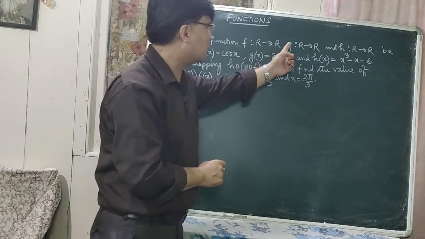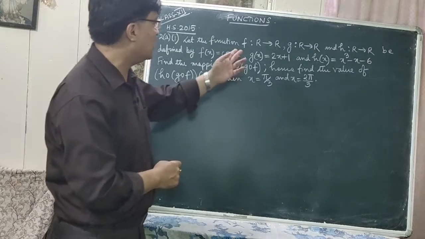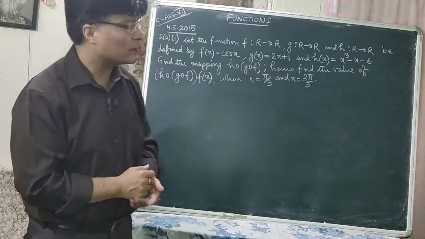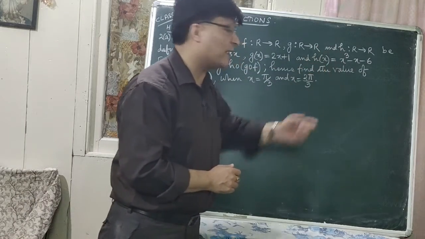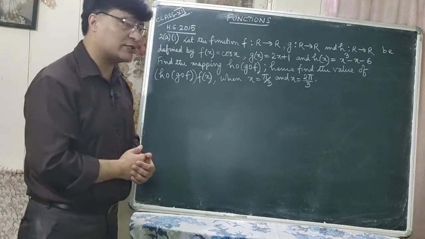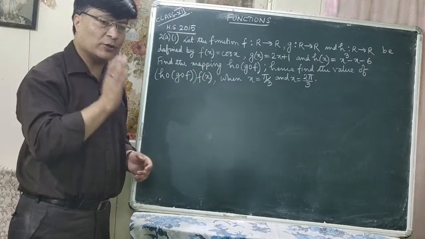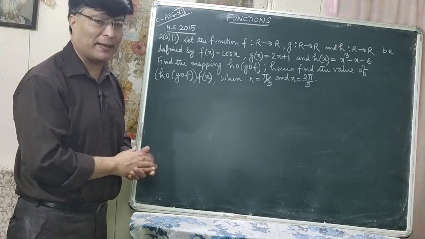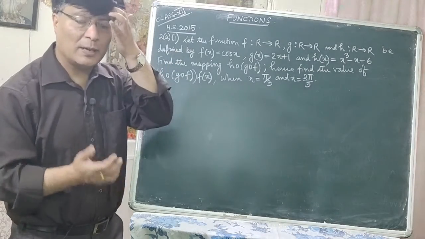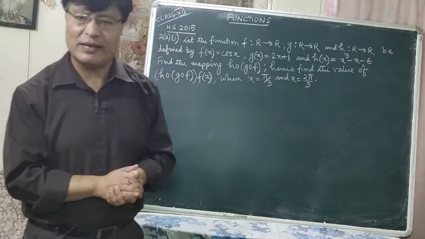And then this function g is defined as g of x is equal to 2x plus 1. And this function h is defined as h of x is equal to x cubed minus x minus 6. Okay. So you have to find out the mapping. Mapping means you have to find out the function. Mapping and function have got the same meaning.